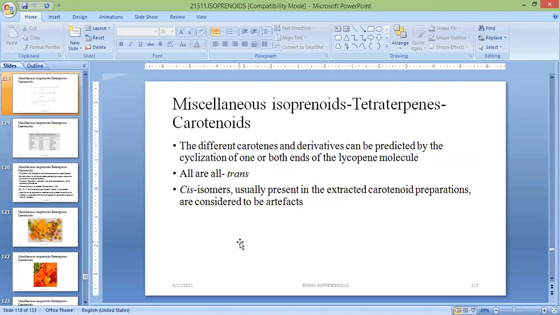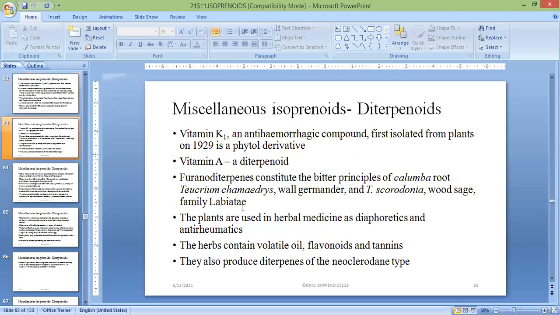I think it's a diterpene, because even in the notes I saw it's a diterpene. Yeah, vitamin A is a diterpene. But vitamin A is formed from hydrolysis of beta carotene, so from breakdown of beta carotene. So maybe beta carotene is a tetraterpene, and then when you break it down, you get a diterpene, which is vitamin A. Okay.